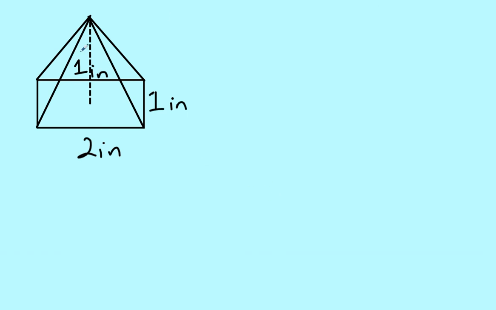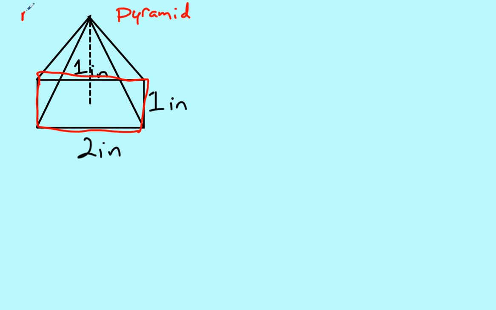This one here, I think this was number 8. We look at our shape. It has just one base, which is this rectangle here. So since it just has one base, we know this is a pyramid. We look at what shape the base is.